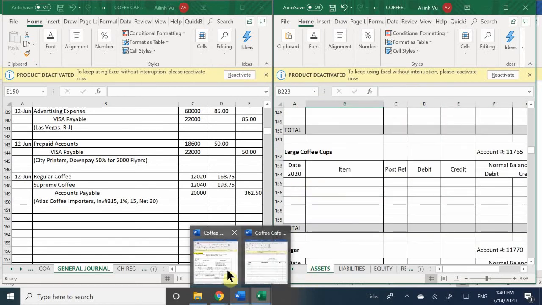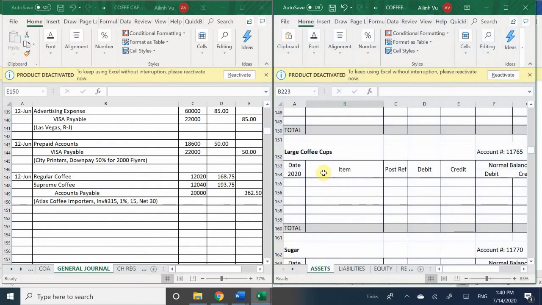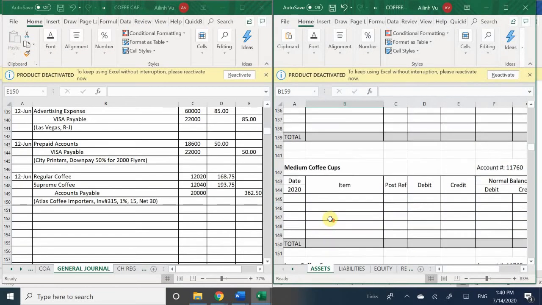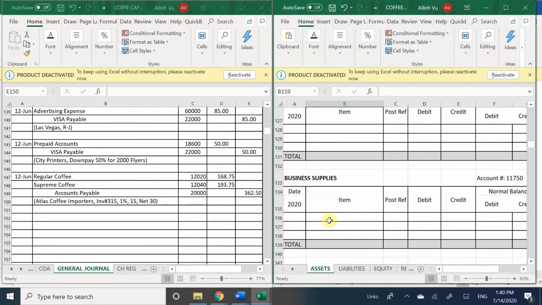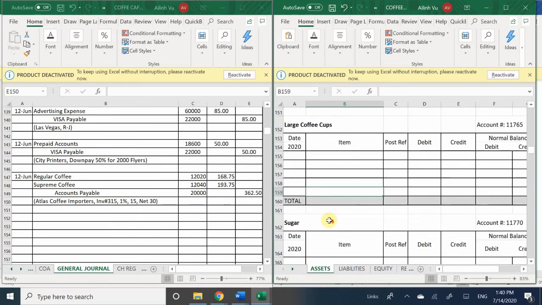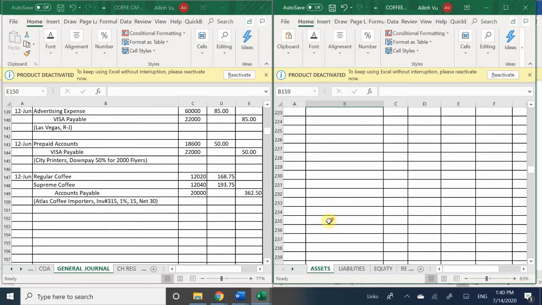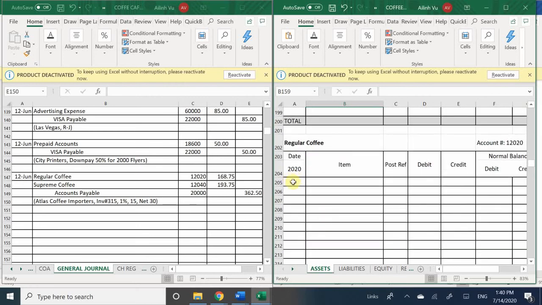Page 6, regular coffee. We know that on the 12th of June, we purchased 125 pounds.